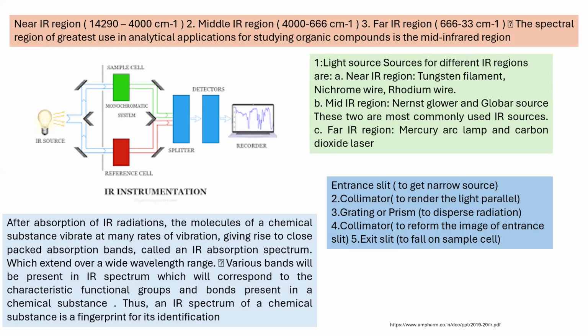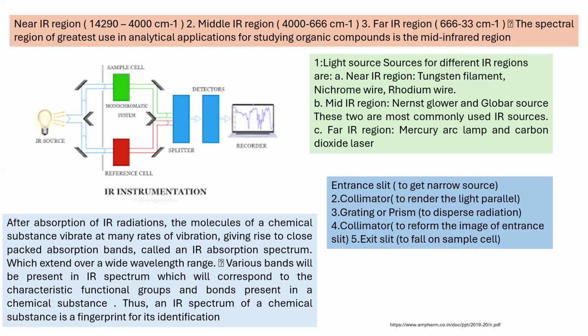The light source, which is going to be specific for IR, is again going to be what works in the near IR range, what works in the mid IR range, and what works in the far IR range. As I said, near IR is 4000 to 14,290. For that, tungsten filament, nichrome wire, or rhodium wire are commonly used.